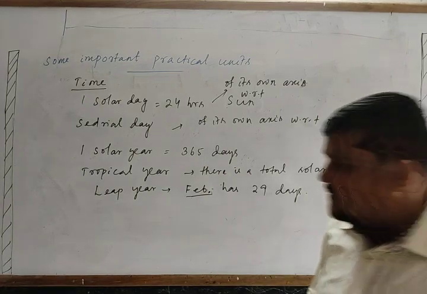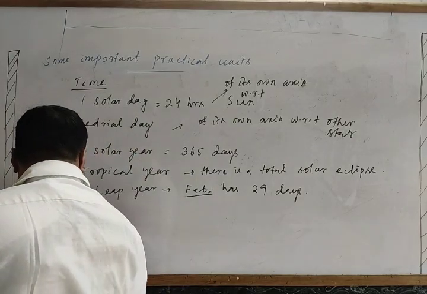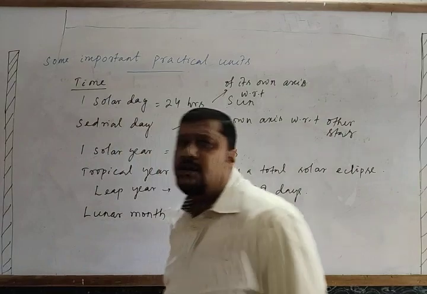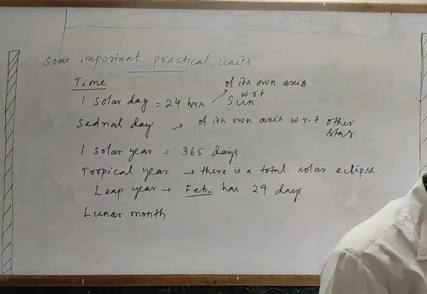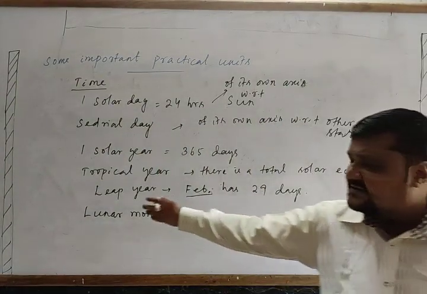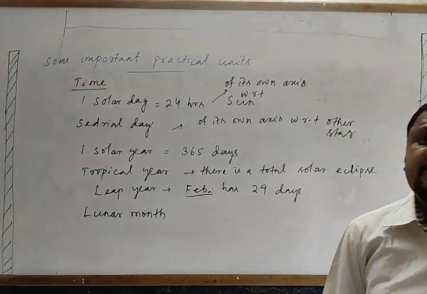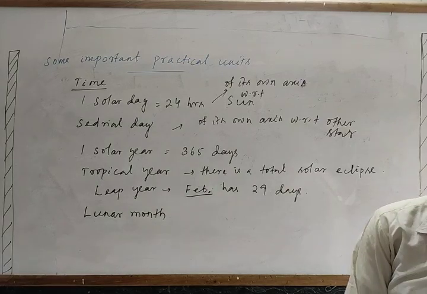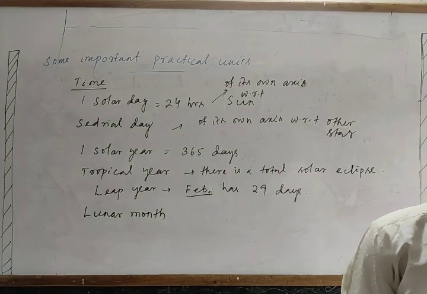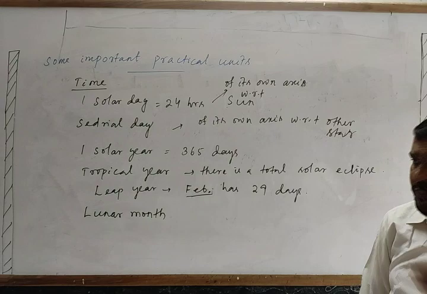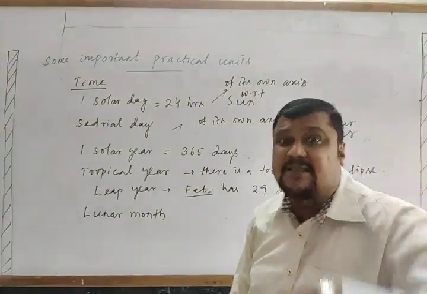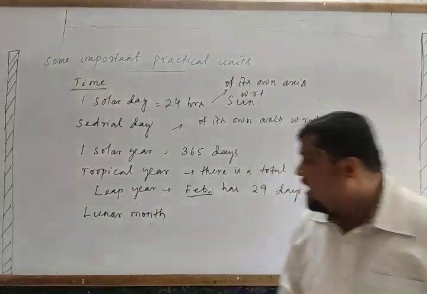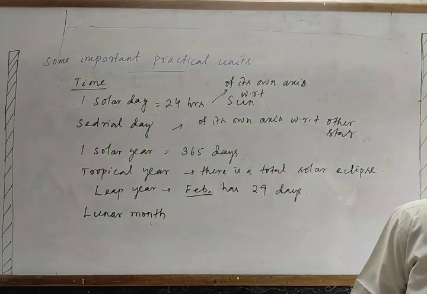Then lunar month. The word lunar is for moon. For sun, solar. For moon, lunar. So what is this? It is the time taken by the moon to complete one revolution around the earth.